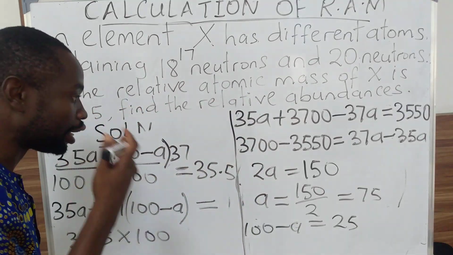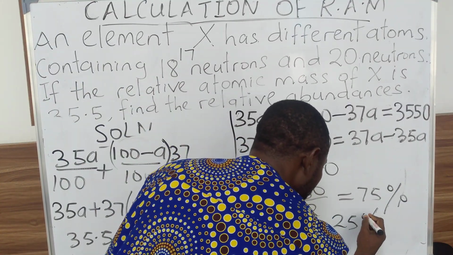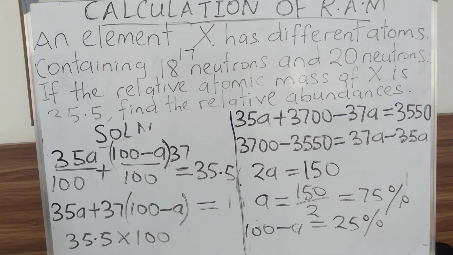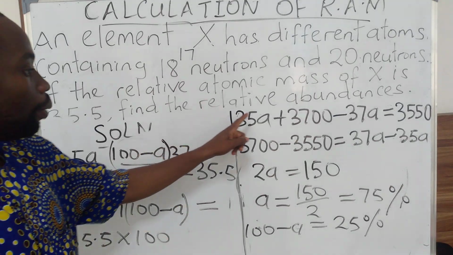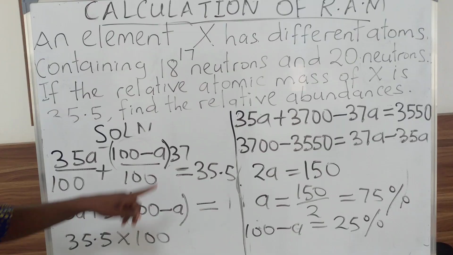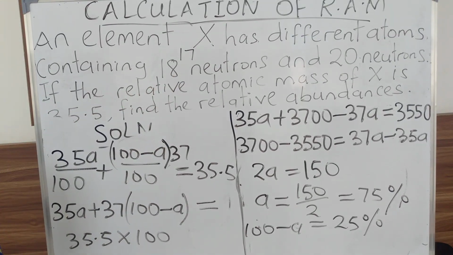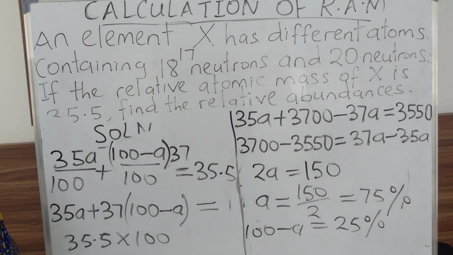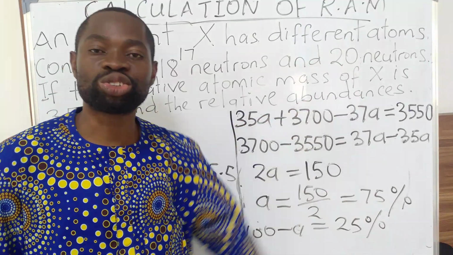So the answers are 75% and 25%. 75% is the relative abundance of the first isotope that has 18 neutrons, and 25% is the relative abundance of the second isotope that has 20 neutrons.